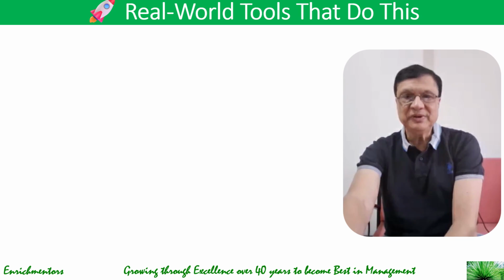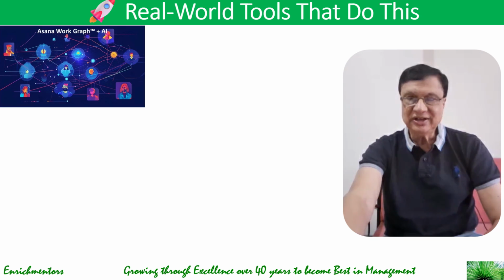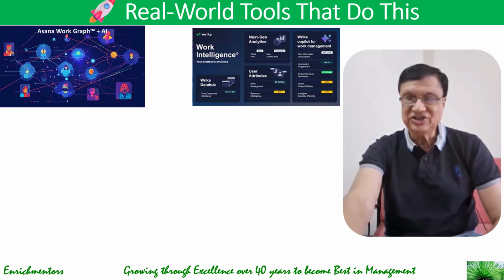Let's take a look at some real world tools that can do this. There is Asana Work Graph plus AI, which can do task prioritization and timeline prediction. Then there is Wrike with work intelligence, where AI can alert you on excess workloads and bottlenecks.